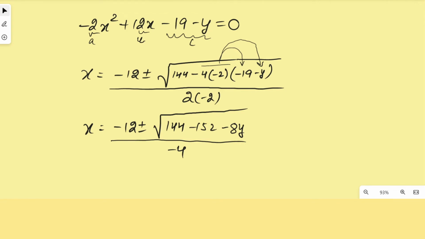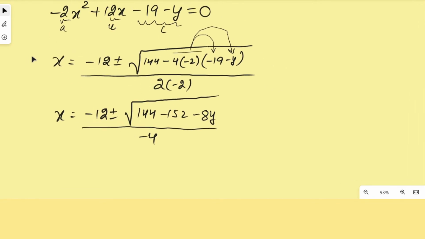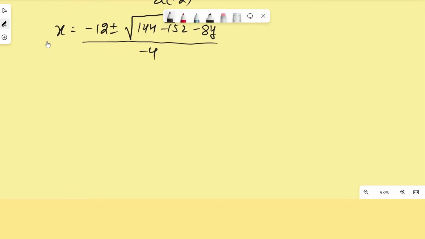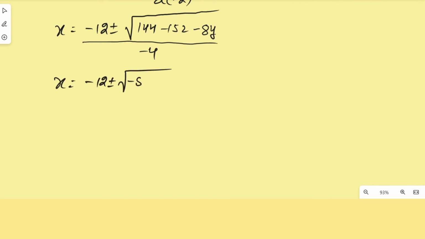So further we can solve this, and we will get x as negative 12 plus minus square root of negative 8, negative 8y, whole divided by negative 4. We can take negative 8 as the factor here.